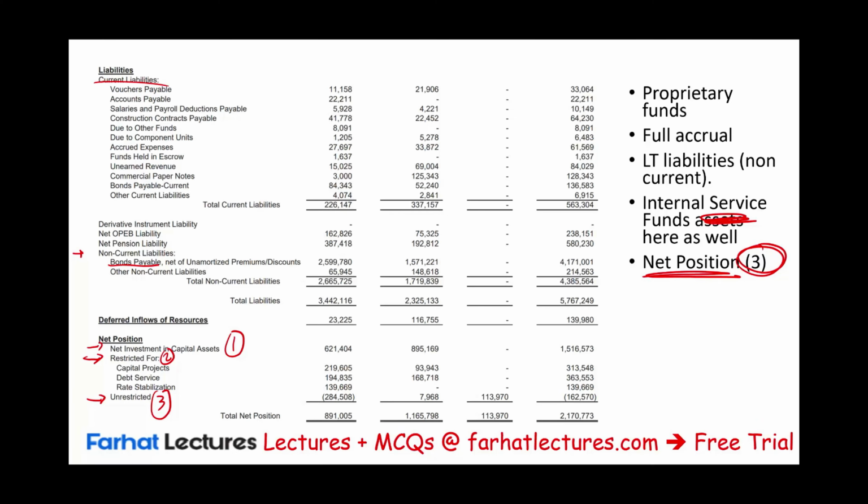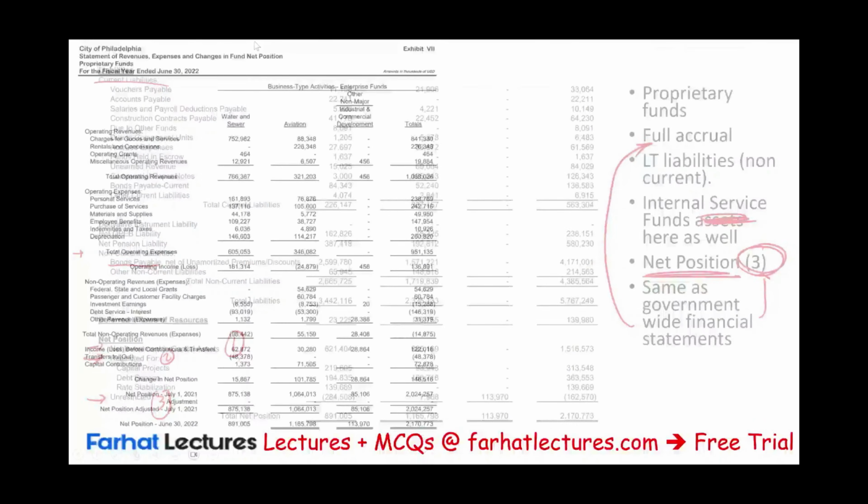Again, I have one separate recording about the net position. Again, this is just an overview of what things would look like. And this is the same thing as government-wide financial statements. In government-wide financial statements, which we'll see later, we use the full accrual. And since we use the full accrual, net position could be presented under three categories.